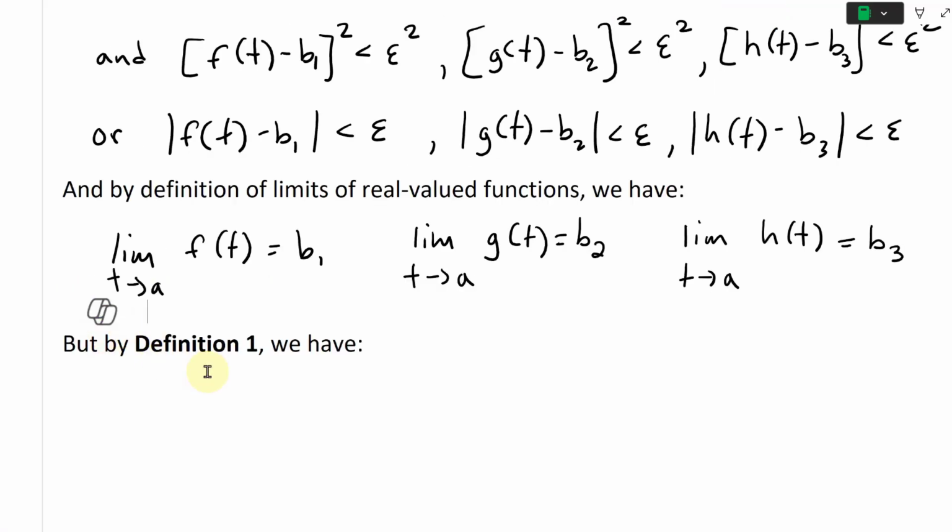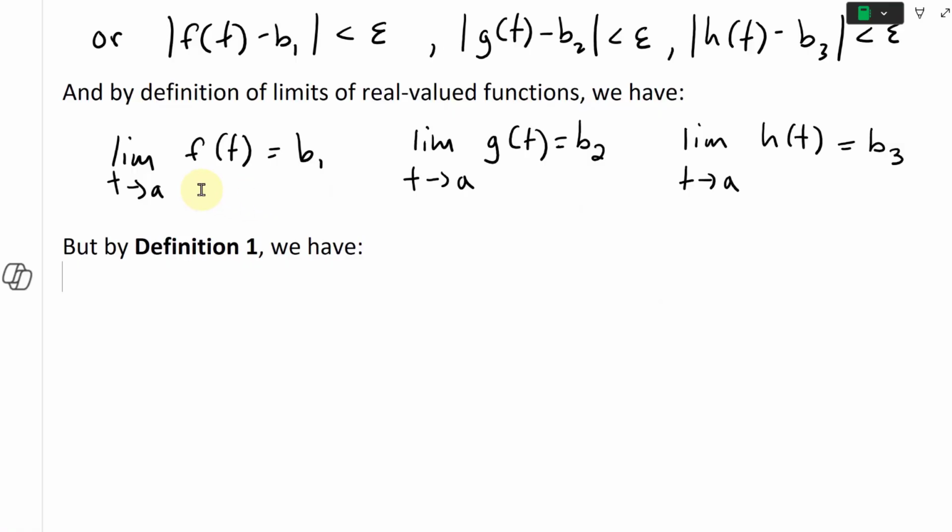All right, and then by definition 1, this just means that the limit as t approaches a of the vector function r of t equals its components.